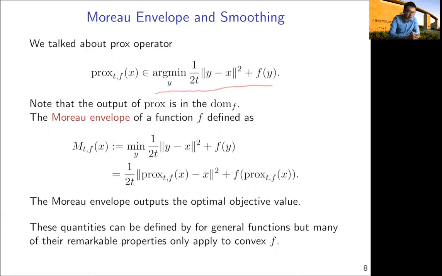Notice that this is an argmin, so the output is one of the solutions of this minimization problem. But notice that if this function f is actually convex, this additional term ensures that this optimization problem has a unique solution. And why is that the case?